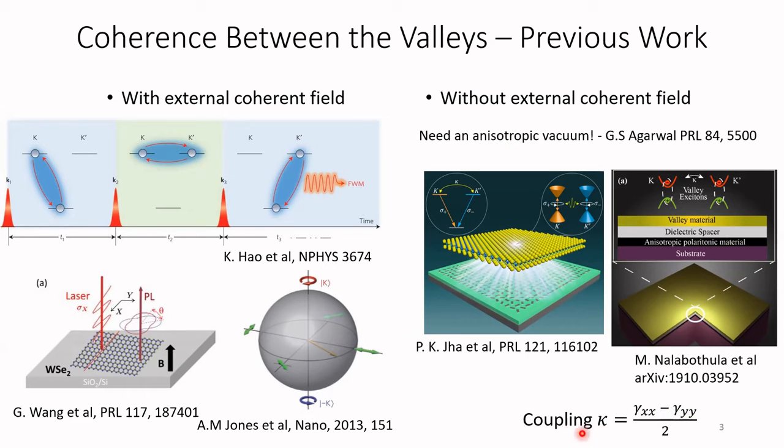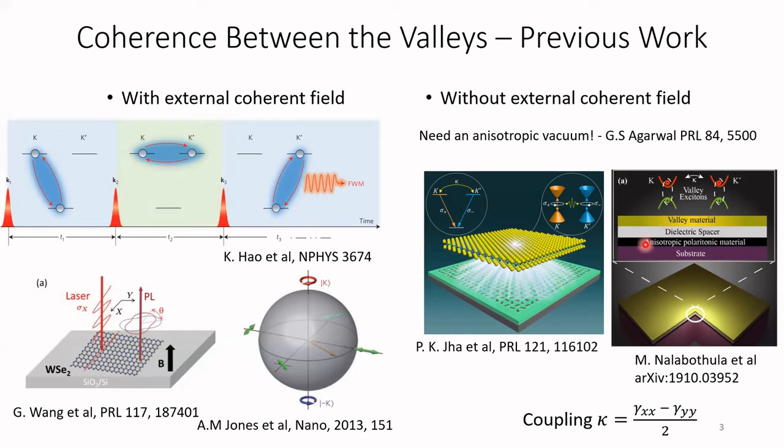In an isotropic vacuum, you'd expect gamma xx and gamma yy to be the same, so there would be no coupling between the valleys. But in an anisotropic vacuum, gamma xx and gamma yy can be different. So you do end up with some coupling between the two valleys, and that is a way to control the coherence. As you can see here, you don't need external fields, or a big experimental setup to generate a magnetic or electric field.